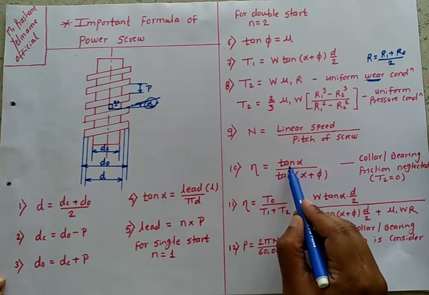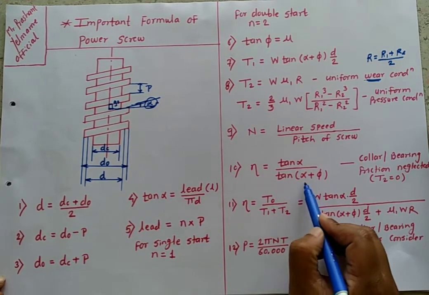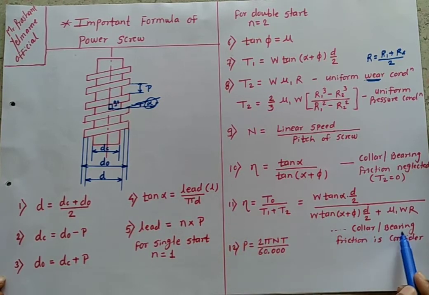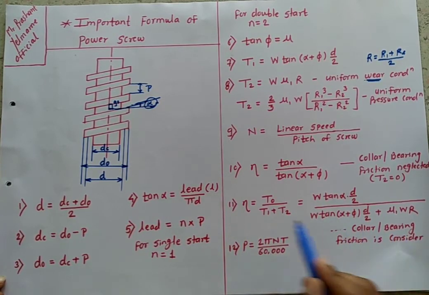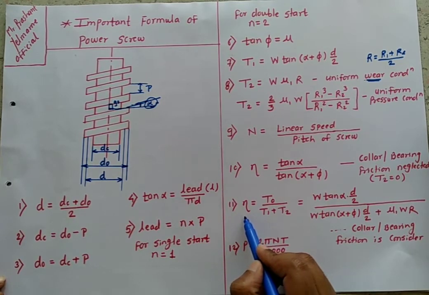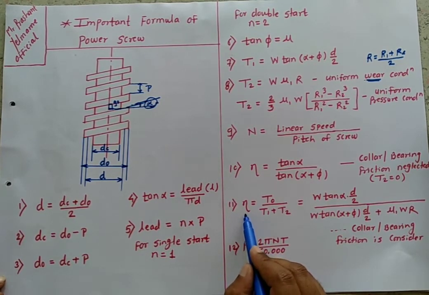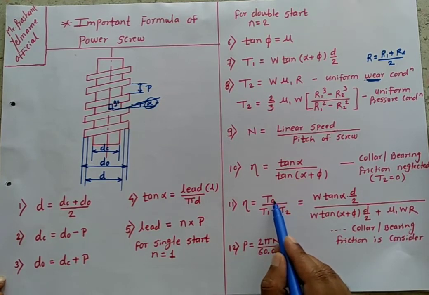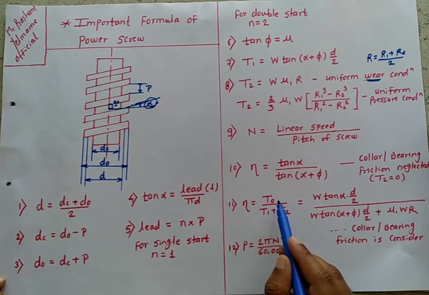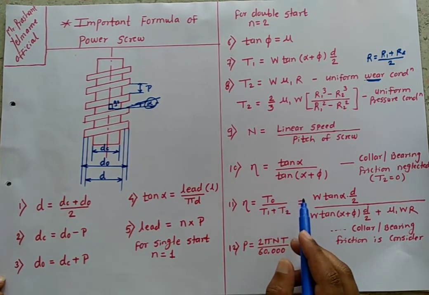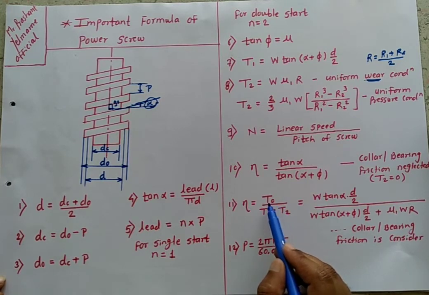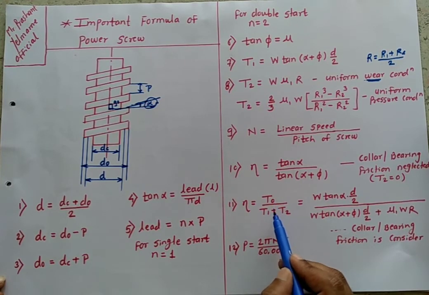Eta is equal to tan alpha upon tan alpha plus phi. In the next condition, whenever the collar or bearing friction is to be considered, then efficiency eta is calculated by using the formula eta is equal to T0 upon T1 plus T2. T0 is the ideal torque. Ideal torque means the torque whenever the load is not given on a power screw, which is represented by T0.